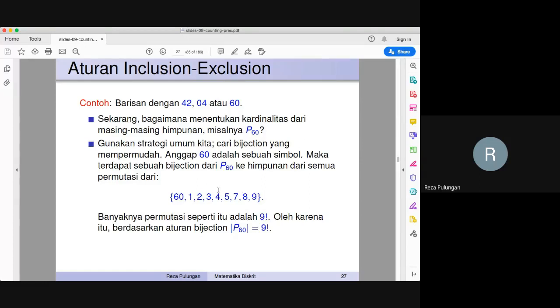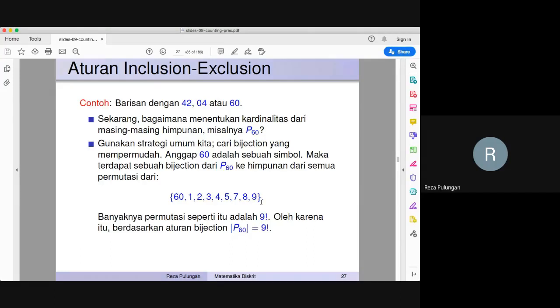How many permutations of this one? Well, how many elements are there? 1, 2, 3, 4, 5, 6, 7, 8, 9. 9 elements right now. It is no longer 10 because you have already fused 6 and 0 together. So the number of permutations is equal to 9 factorial.